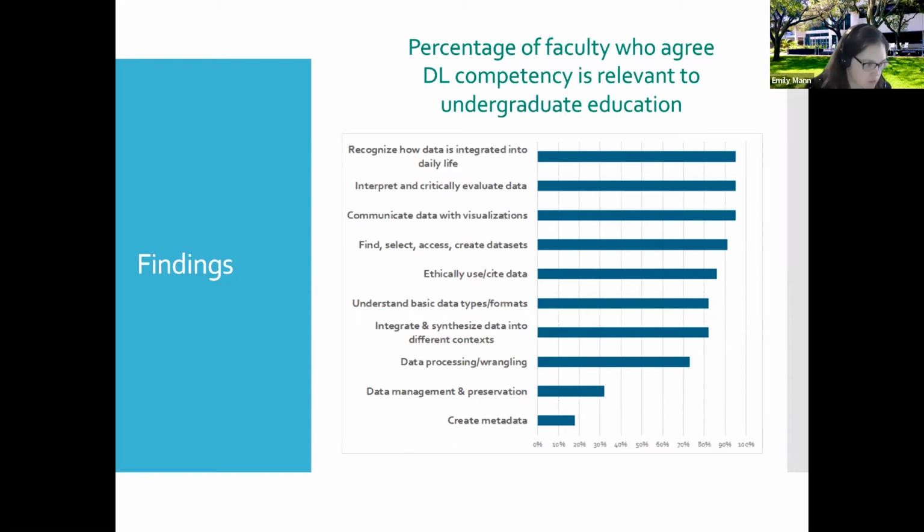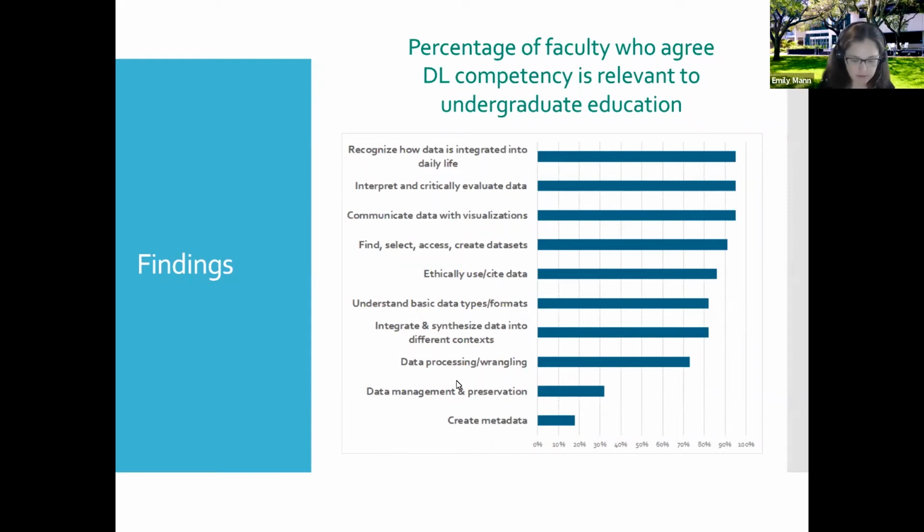The largest ones being interpret and critically evaluate data, recognize how data is integrated into daily life, communicate data with visualizations, find, select, access, and create data sets. Then later on, some of the other competencies that we read out to them, they felt like were more appropriate for either upper level students or students in graduate school.